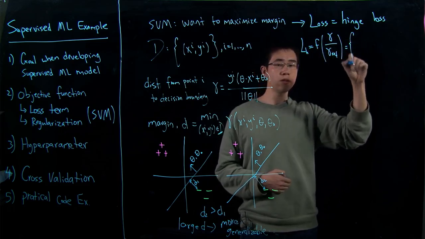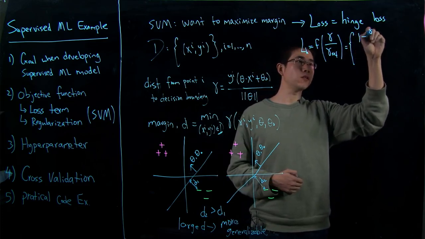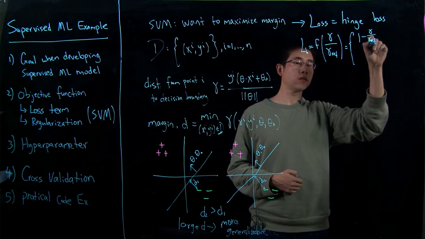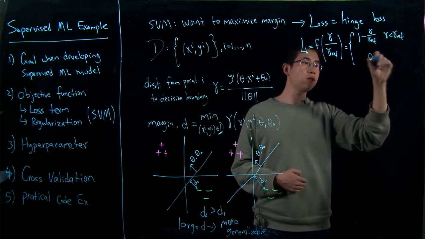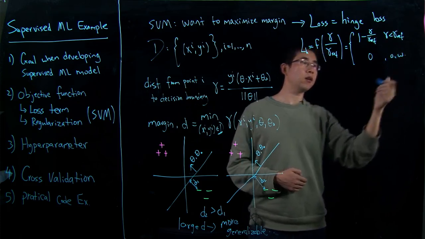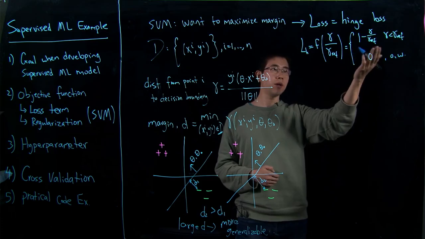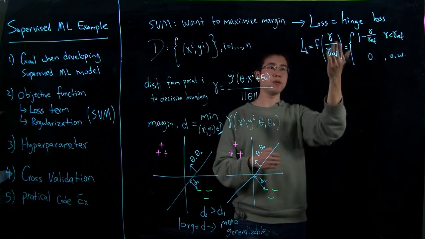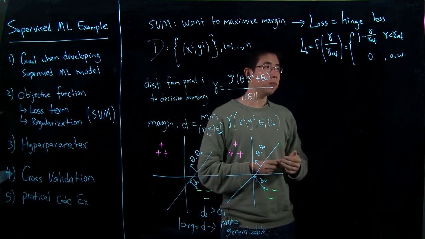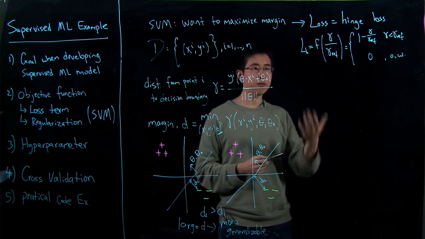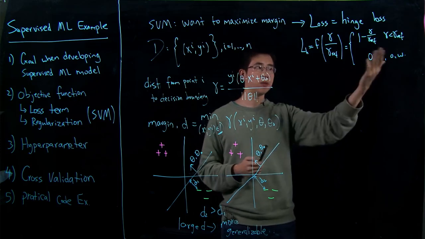More specifically, it is 1 minus gamma over gamma ref for gamma less than gamma ref, and 0 otherwise. I will talk later about what this gamma ref is. The gamma is already defined here. Let's first look at what happens to the loss for different values of gamma.